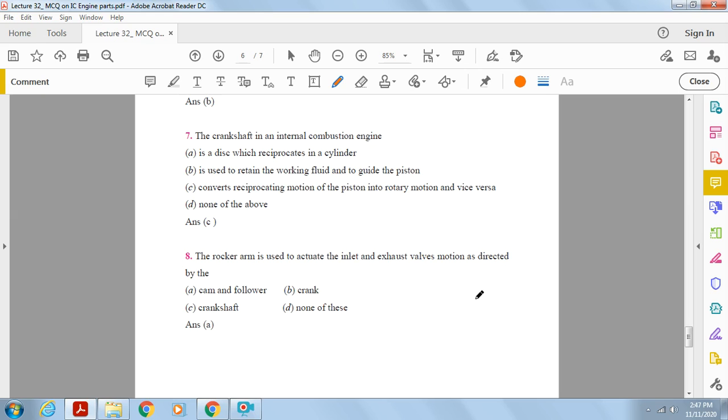If you refer to that module, you can notice that the rocker arm helps to actuate the inlet and exhaust valve in the automobile cylinder, and this is done by means of a cam. So the answer will be cam and follower, option A.